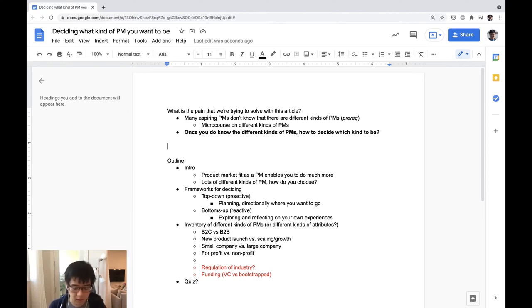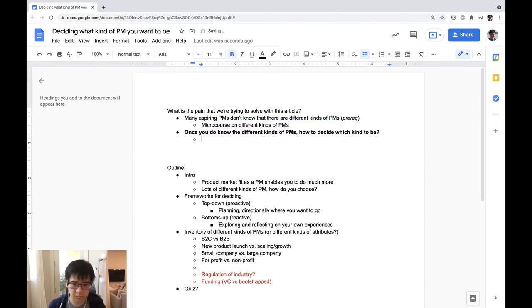Am I in the right vertical or specialization, or should I be moving? And so one of the challenges is that this one is aspiring PMs, but I'm almost wanting to go after experienced PMs. So this is more for experienced PMs and less for aspiring PMs.